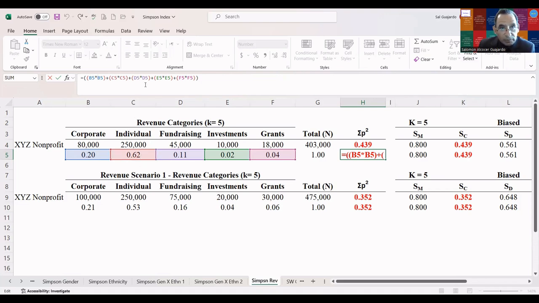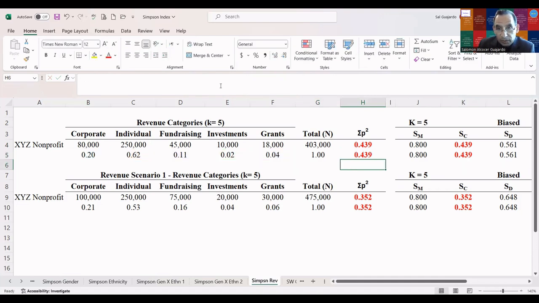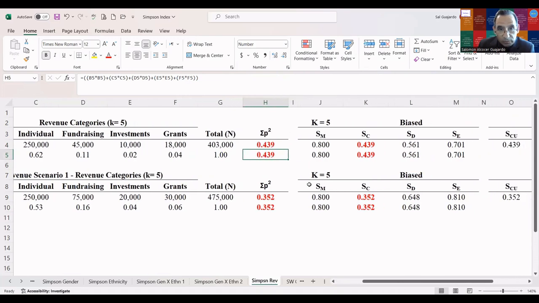For fundraising, it's D5 times D5, or 0.11 times 0.11, plus the product for investments, which is 0.2 times 0.2, plus the square of the grants percentage, which is 0.4 times 0.4. That gives me a sum of the p squares of 0.439.